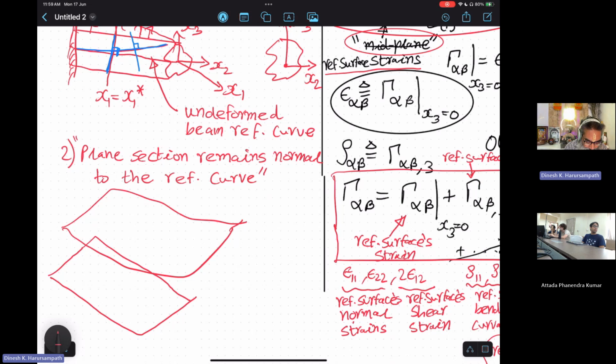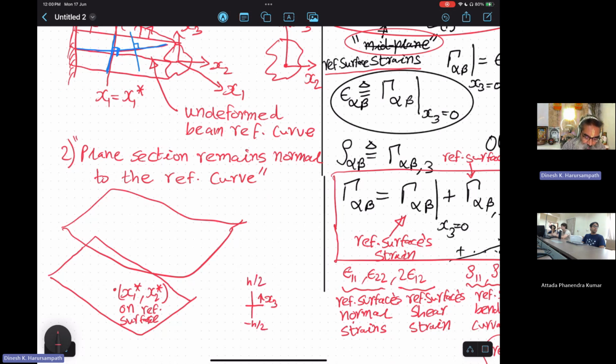Then if you take any point x1 star, x2 star on this reference surface, there you had a line element like this, which, if you choose the mid plane, is going from x3 equal to minus h by 2 to plus h by 2.